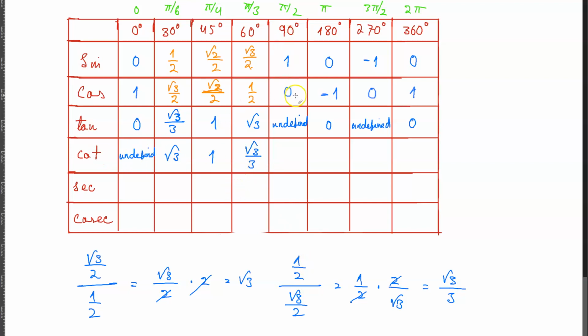Now cot of 90 degrees is 0 divided by 1, which is equal to 0, right? And negative 1 divided by 0, so cot of 180 degrees is negative 1 over 0, which is undefined.